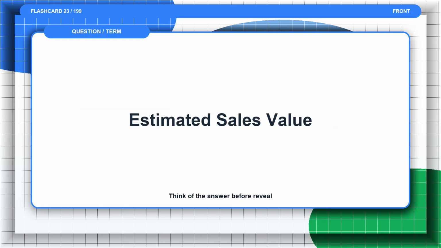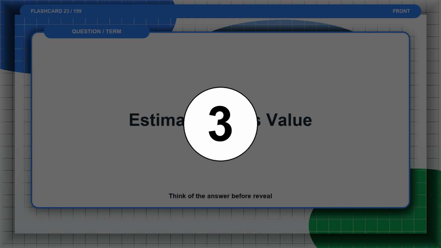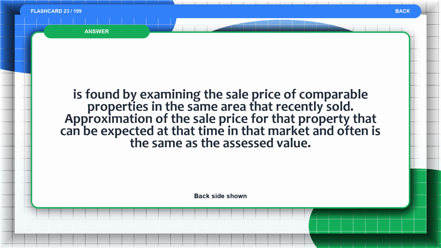Flashcard 23. Estimated sales value. Pause and think of the answer before the reveal. The answer is found by examining the sale price of comparable properties in the same area that recently sold. Approximation of the sale price for that property that can be expected at that time in that market and often is the same as the assessed value.